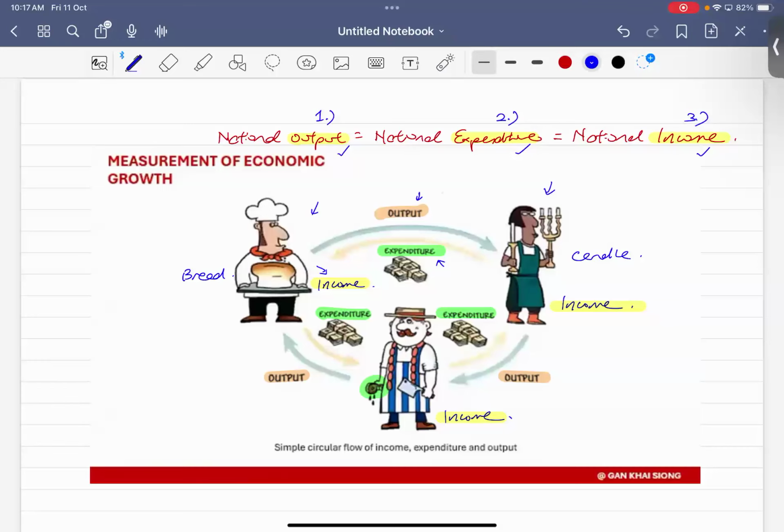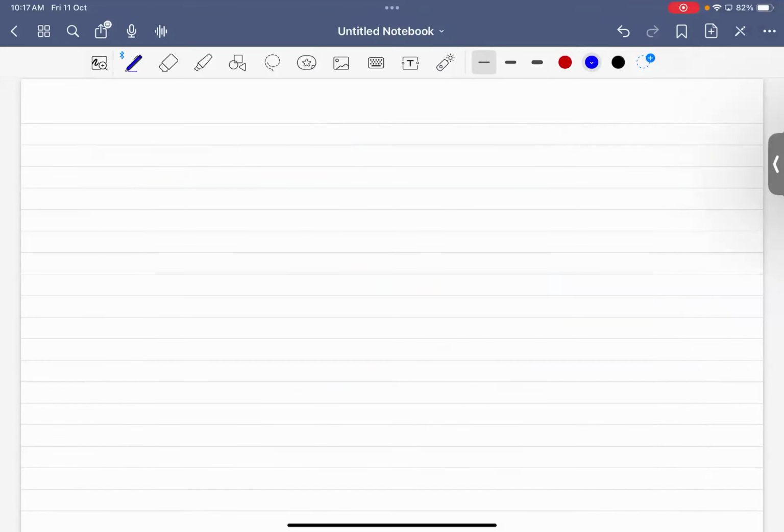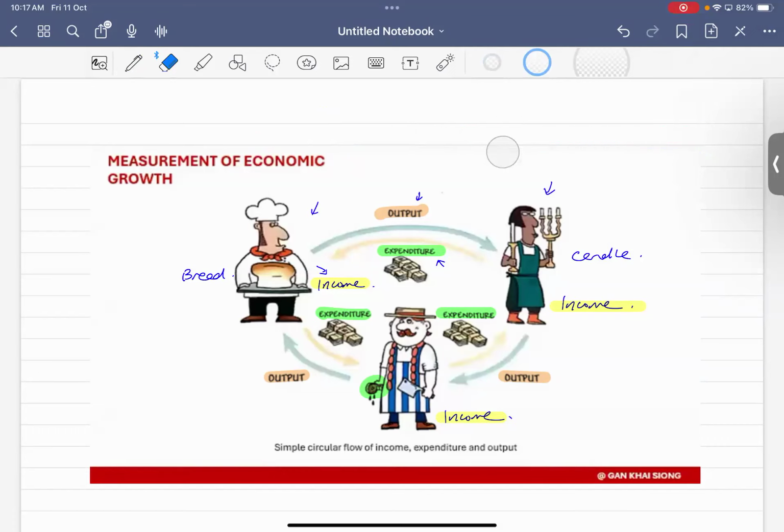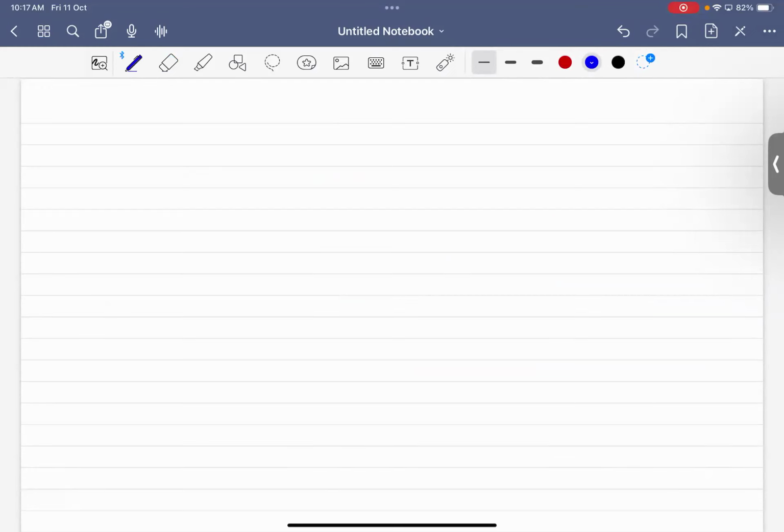Let me erase this one first. Okay, value added or output approach. We talk about output approach.